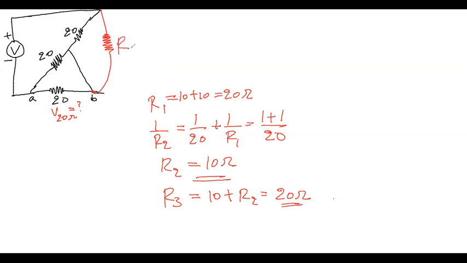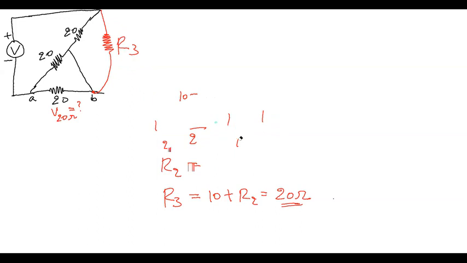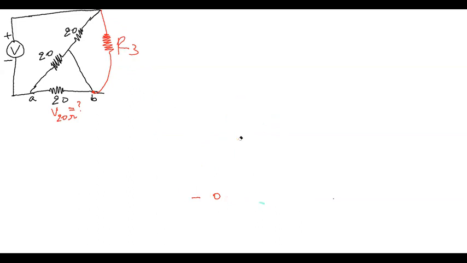So this is R3. Let me just remove the rest of the values. So R3 is 20. That's the only thing we need.